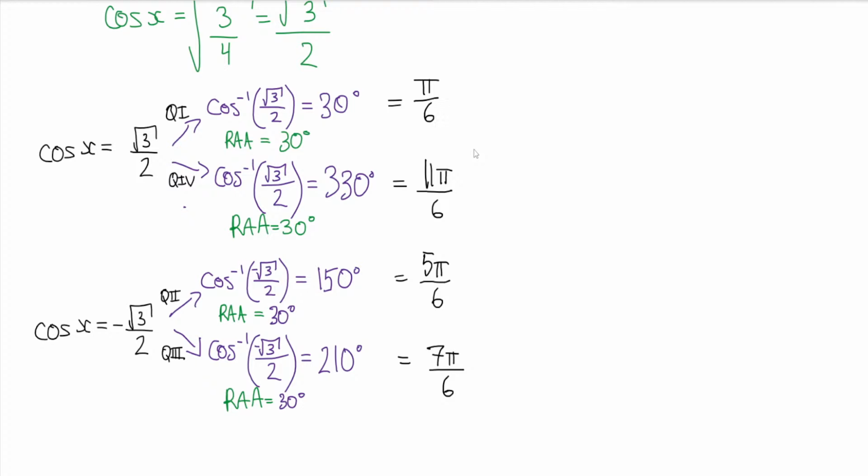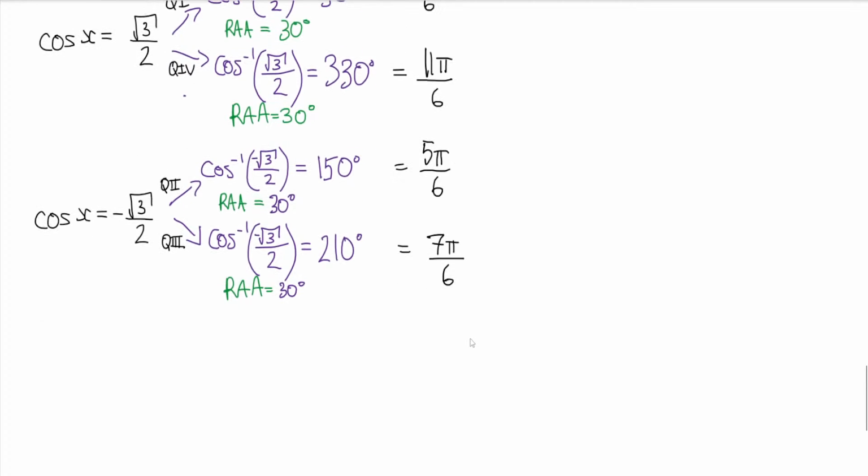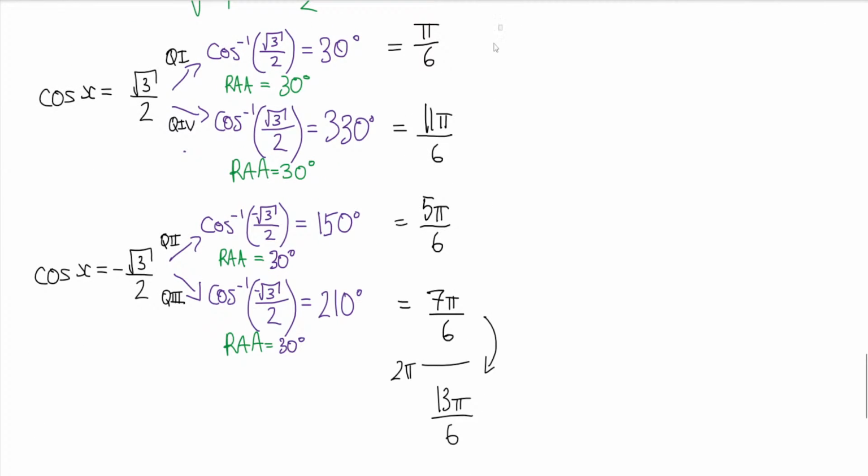Well, what would have been too far, because this is the 2 pi line, and that's where I told you to stop, right? Because there's another one here that's 13 pi over 6, just past 2 pi. That is a pi over 6 past 2 pi. That's the continuation of this pattern, right?